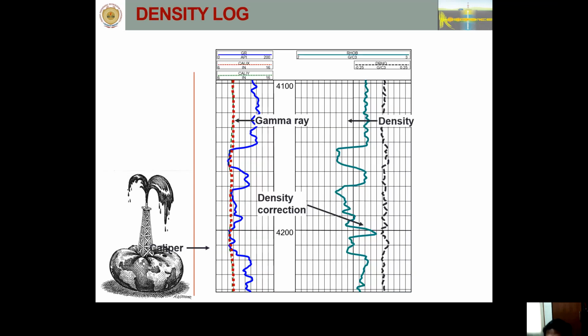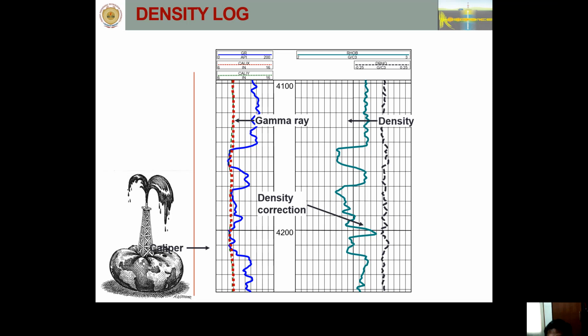Now in this diagram we can see the gamma ray. The blue colored is the gamma ray, and red is the caliper, which takes into account the rugosity in the borehole which needs to be corrected. The density is given as the dotted black one, whereas the rho B is found from the green curve.